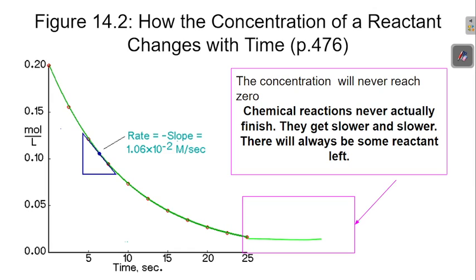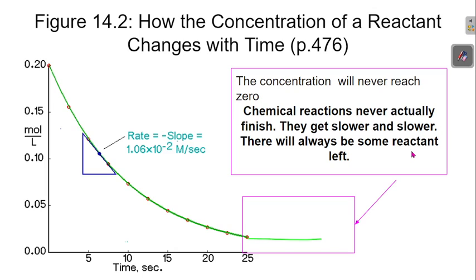So reactants become products and some of the products go back to becoming reactants. And you'll see that in the next module. So there's always a tiny bit of reactant left, never reaches zero, but it kind of flattens out very close to zero.